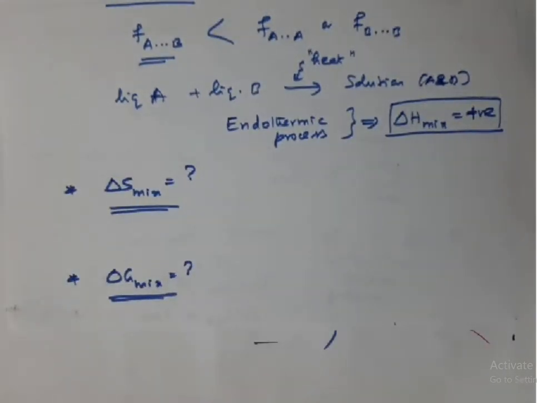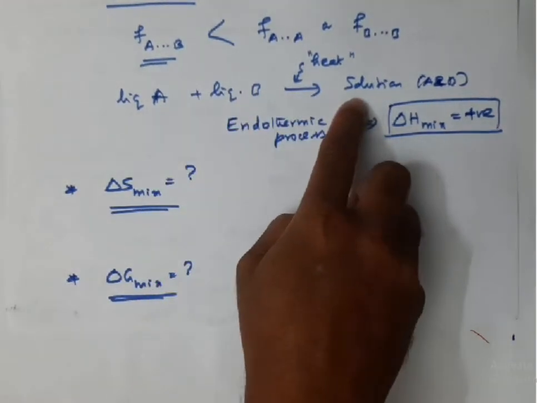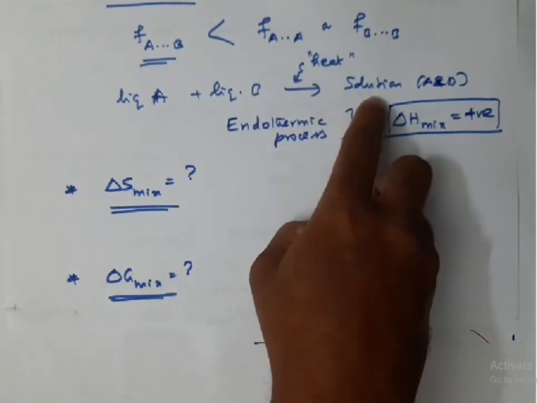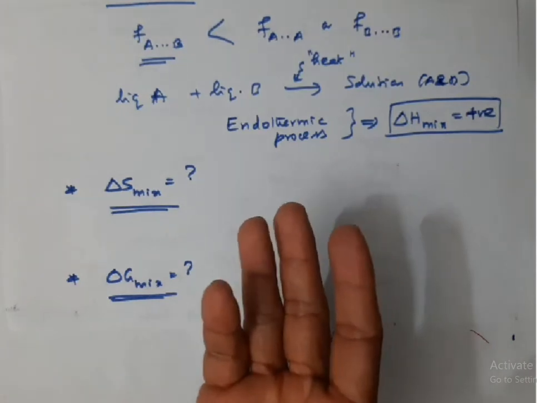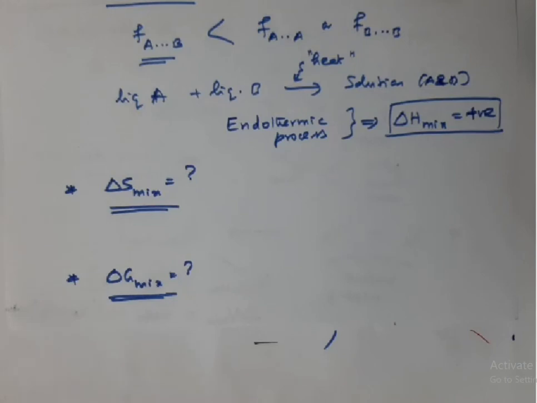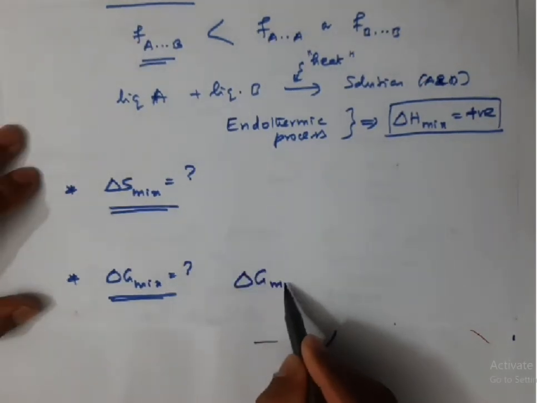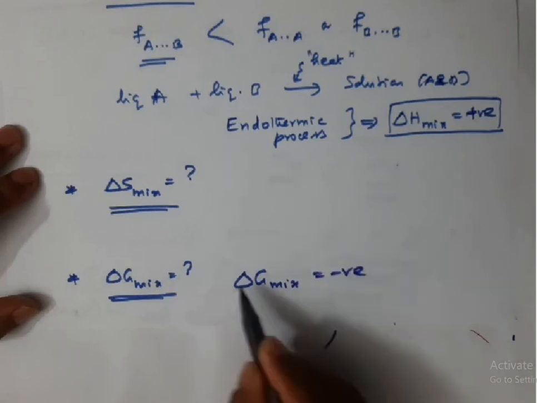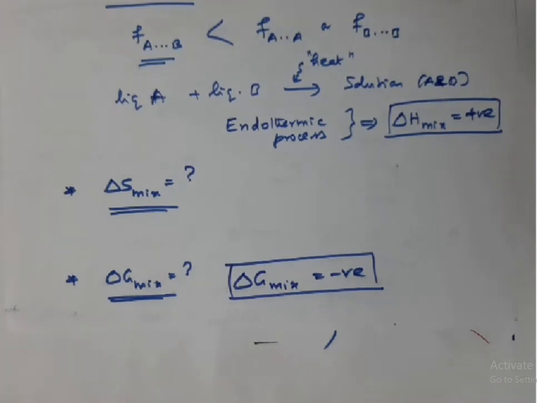Listen, whenever you mix two liquids and a solution is formed just by mixing A and B, we call the process spontaneous. You take liquid A and liquid B and just mix them. By just mixing, if you get a solution, it is called a spontaneous process. Since the process is spontaneous, delta G mixing should be negative. Why negative? Because a solution is formed.